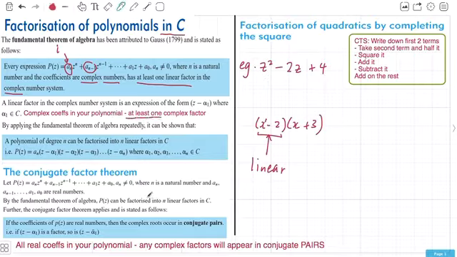Now really important, and here underneath as well, you can see you've got the polynomial P(z). It's been factorised into all its linear factors. Now there would be n factors for an n power up here. This might seem like something you know already. If you have a quadratic, you can factorise it into two linear factors, but sometimes with quadratics you couldn't factorise them into two linear factors because it wouldn't work.